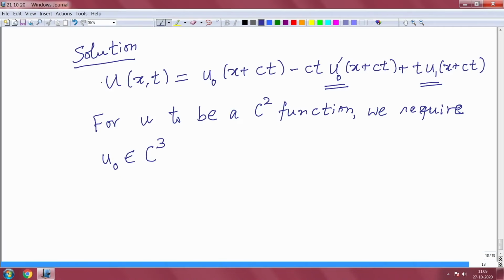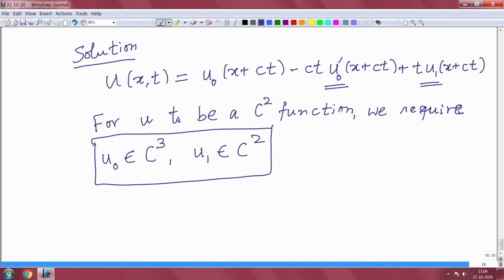So, if we want u to be C2, this has to be C3, and similarly u1 has to be C2. Okay. So, we require more smoothness in the initial values to obtain a less smooth solution. See, u0 is C3, but that gives u only a C2 function.